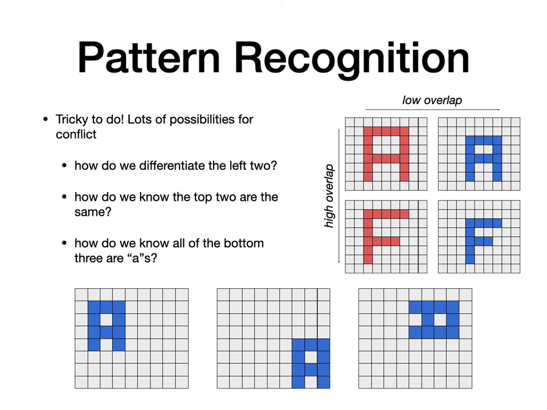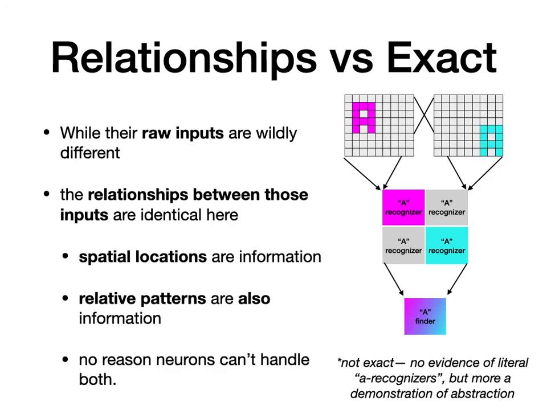Well, it's the idea that relationships and spatial locations are both information. And so neurons can handle both of these cases. The raw inputs might be wildly different between the A in the upper left and the A in the bottom right, right? But the relationships between those inputs are identical, in the case of just a different spatial location.